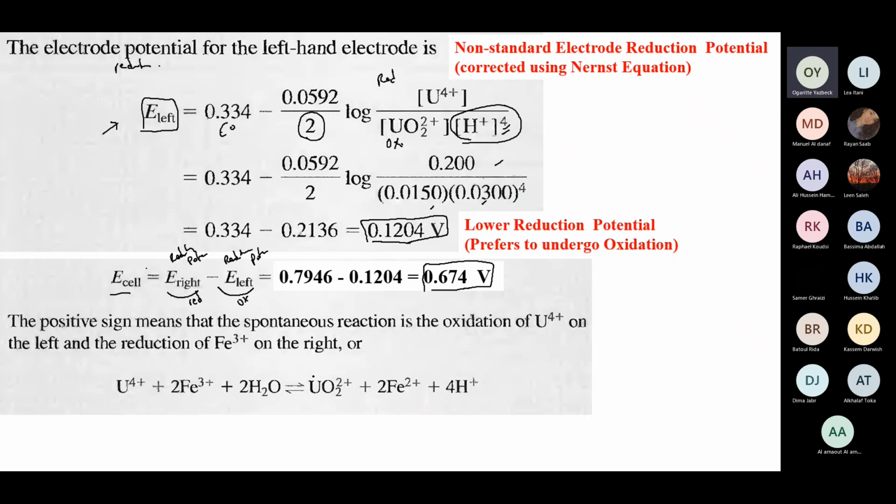That being the case, I can get the E of a reaction from the E naught of the cell. We use Nernst: minus 0.0592 divided by the number of electrons transferred in the overall reaction, log. If I use minus, it's products over reactants. If I use plus, it's reactants over products.